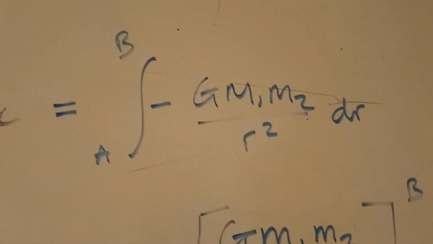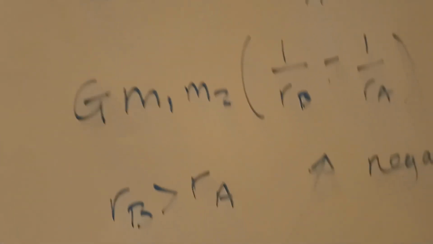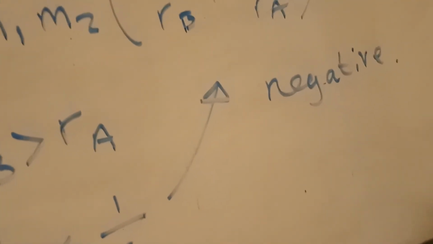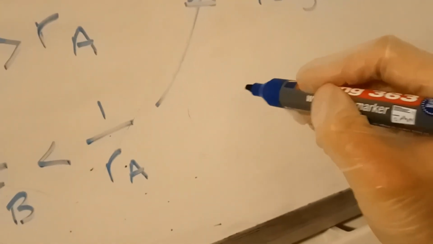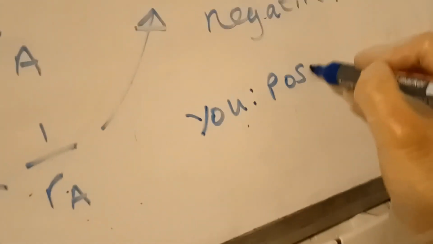So this formula is talking about the gravitational field. The gravitational field is doing negative work, which means that you are doing positive work.